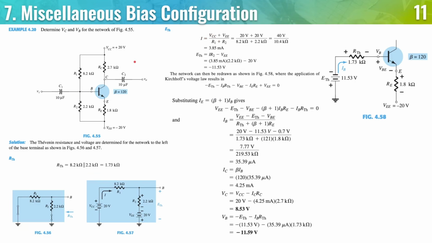So if you can see here, we can draw KVL from here down to here because this is positive to negative. So that way you can expect that the currents are meant to go in this direction.